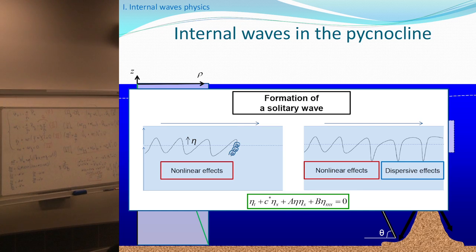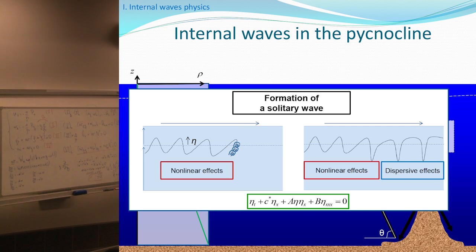So imagine large amplitude sinusoidal waves that propagate. Because it has a large amplitude, which means that its amplitude is similar, for example, to the top layer depth, then nonlinear effects will come into play and will provoke a steepening of this wave. If there is only a steepening, the wave will eventually break.